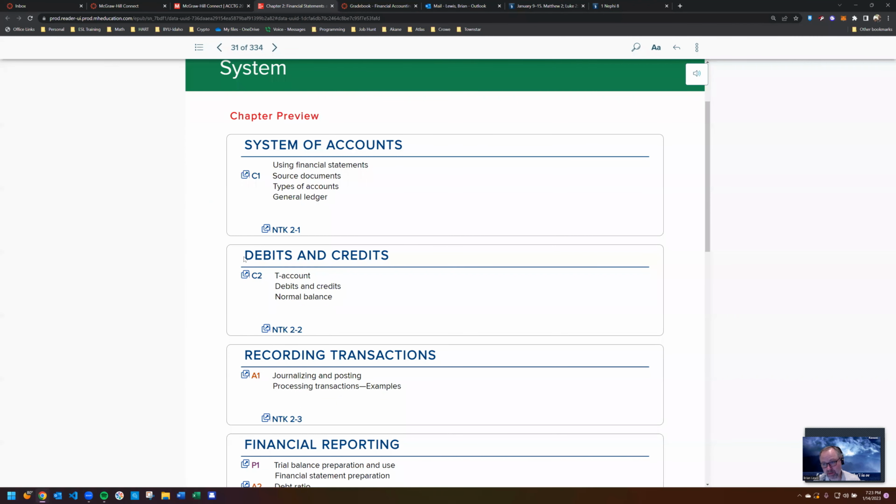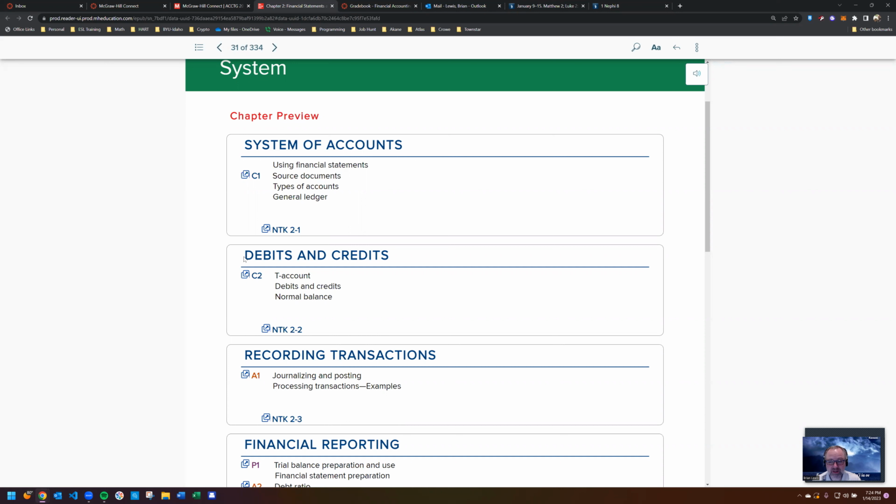So those 4 different statements, you got a general introduction into those, and where the accounts show up on those statements, and how to use the accounting equation, right? Assets equals liabilities plus equity, right? So you got a general introduction to that.